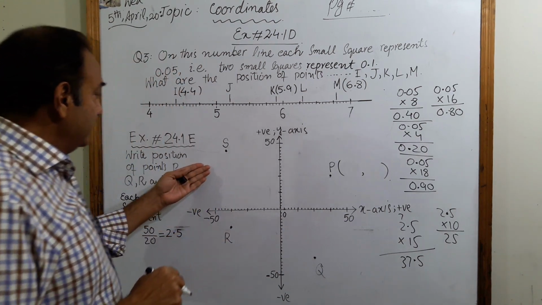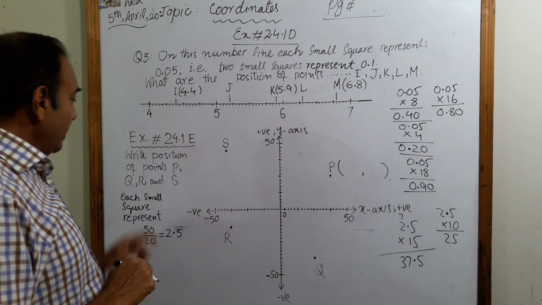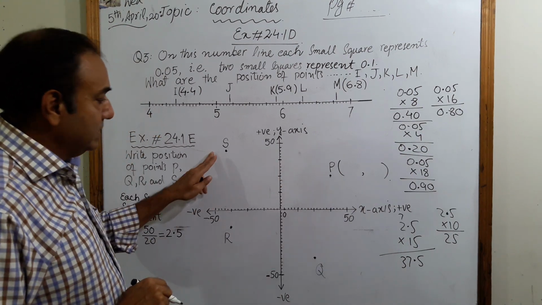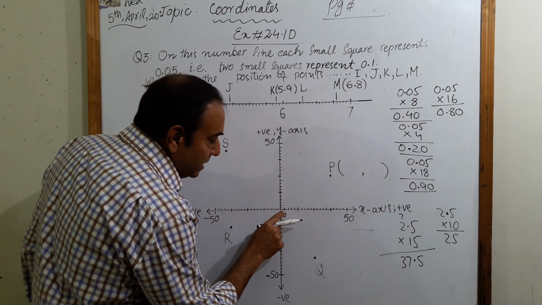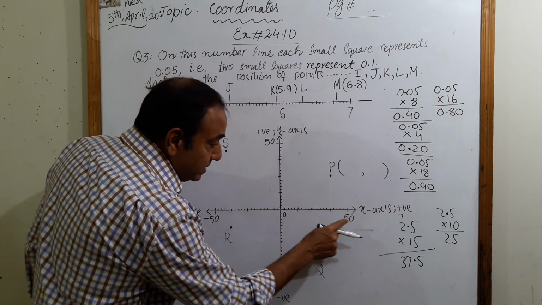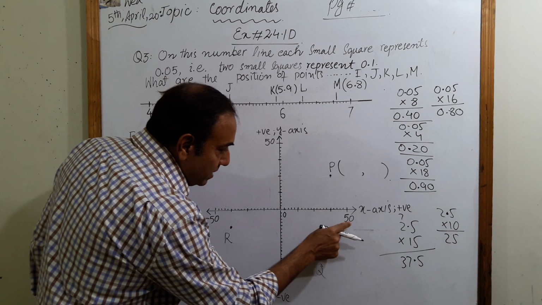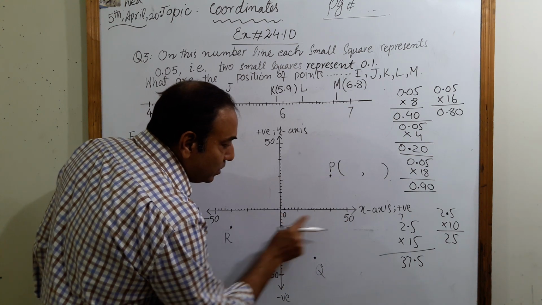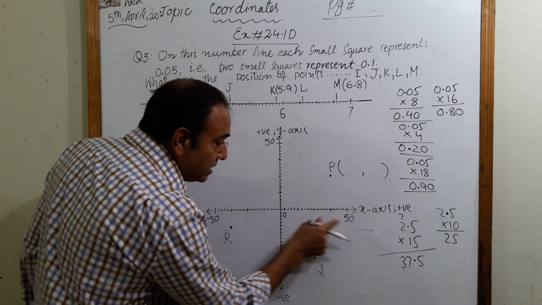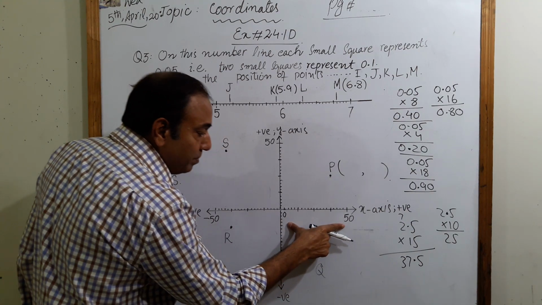Now look at the next exercise 24.1E. What we have to do is find the coordinates of P, Q, R and S. First of all you have to calculate the value of a small square. This graph shows that the points are given from 0 to 50. Now you have to count the small squares between these two numbers.